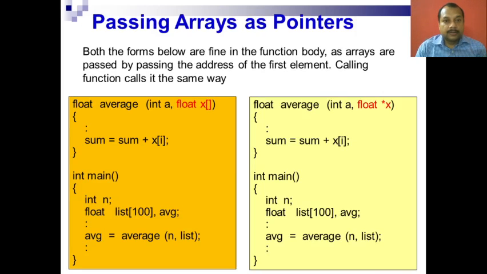Now here are two different ways of representation for passing arrays as a pointer. Both forms are allowed. If I start from the left-hand side and focus on main first, I am declaring one list variable, which is an array of floating point numbers of size 100.